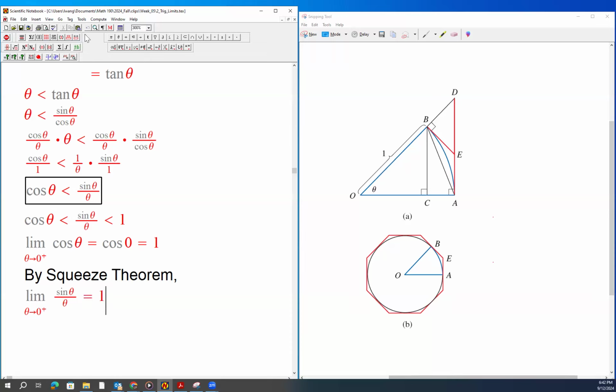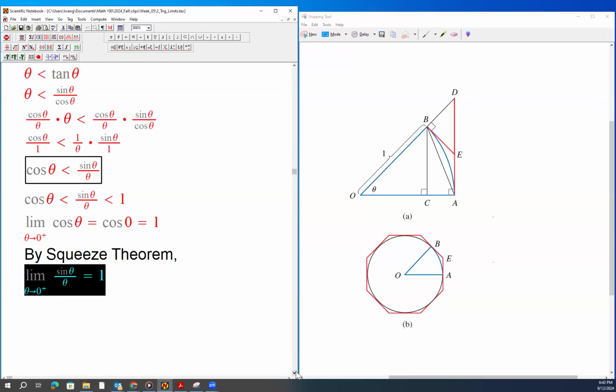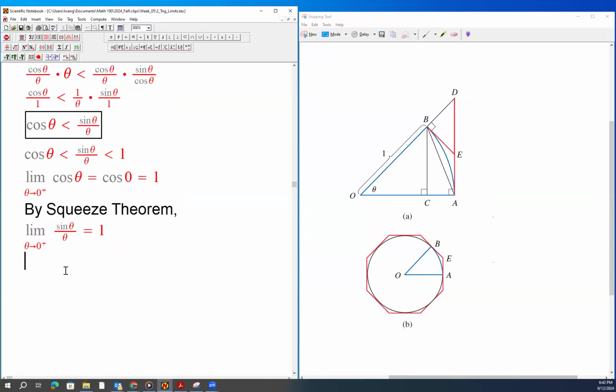So this equals 1. So by this time, we have proved that this limit is 1 when theta approaches 0 from the positive side.